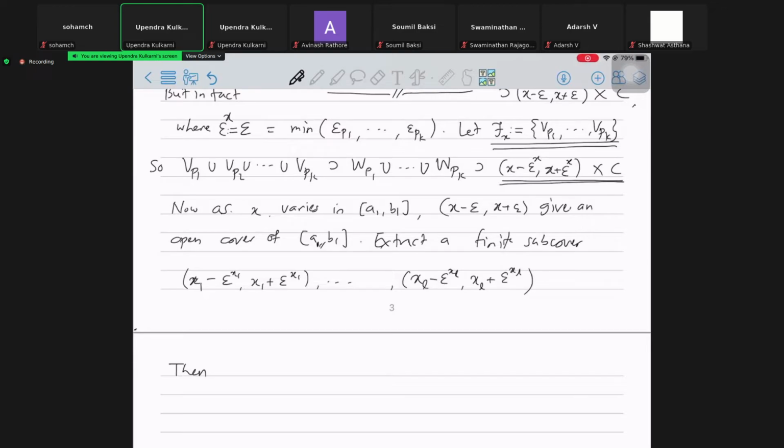No, see, you are not going to take cross because finally you have to take sets from the given family. Yes, sir. I was asking you to take X1 minus epsilon X1, X1 plus epsilon X1 cross C, and that is part of the family.